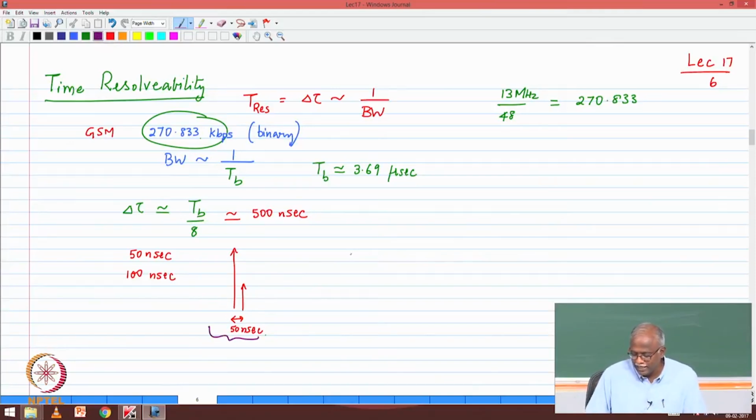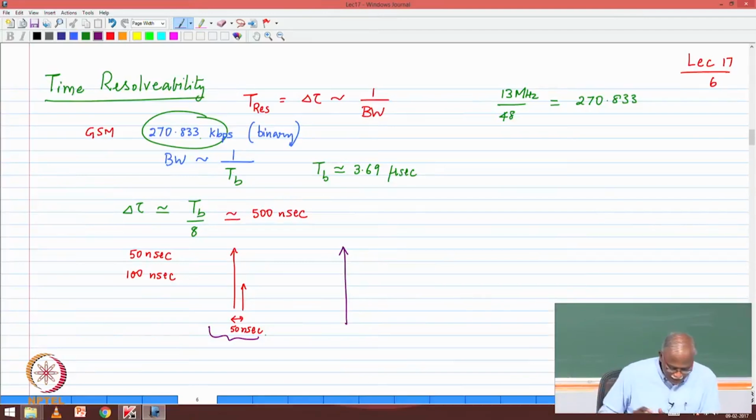It looks like just one channel that is present, because I cannot resolve between these two multipath components. So you get a feel for what the time resolution is and what its impact is on the system.